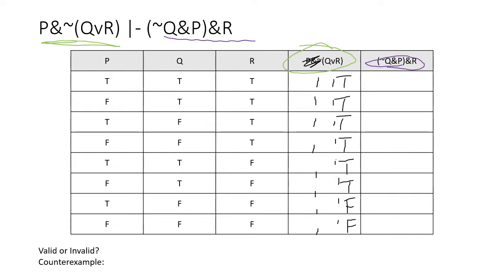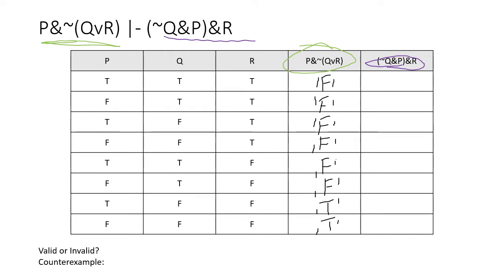And then we can bring back in our tilde, because the tilde is tildeing the Q or R, so we'll just flip all these values. Like so. And then we can erase these.